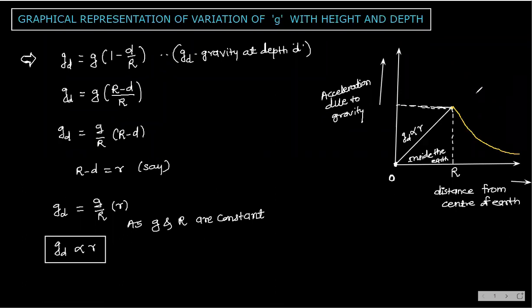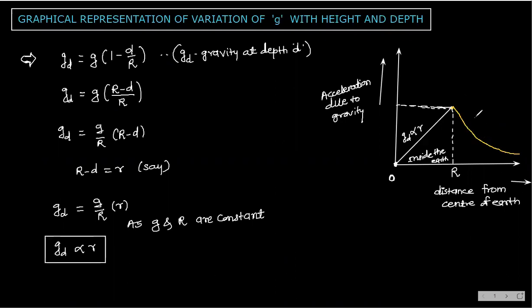And here can I write like this? G is inversely proportional to R square. Right? Can I write like this? Yes or no?